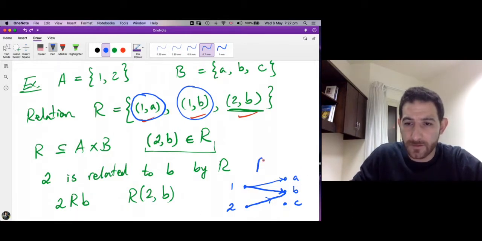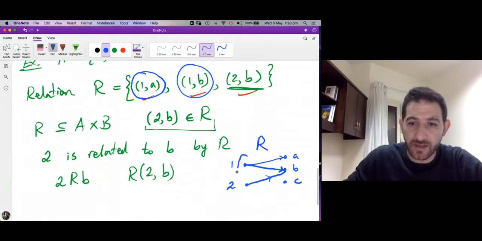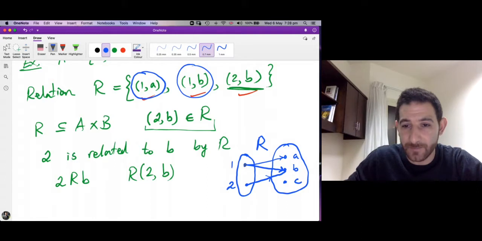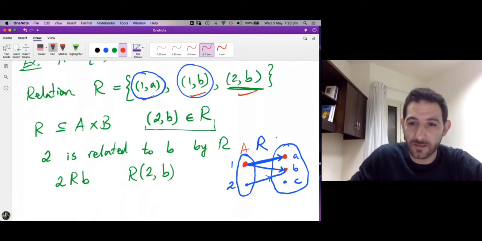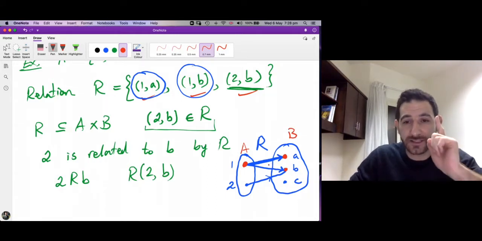Okay, now, one might say, okay, relations look like functions, but you see from this example that this relation is not a function, can't be seen as a function, because this element has 2 images, right? And we know in a function every element in the domain, here it's A and codomain B, should have 1 and only 1, exactly 1 image.